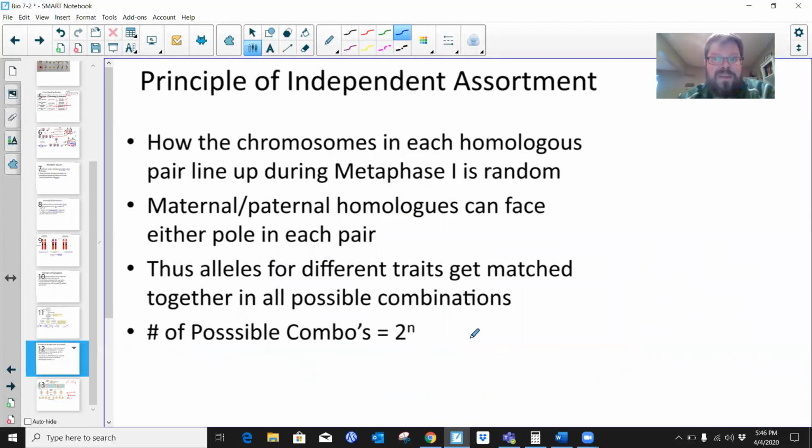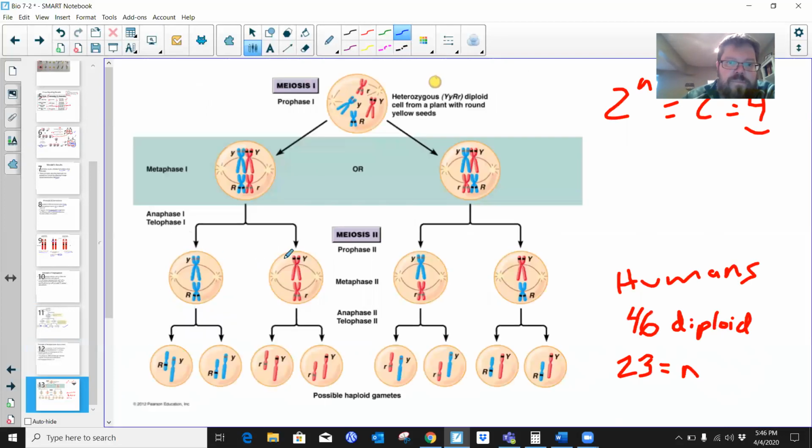The principle of independent assortment. Again, this one sometimes sounds a little wordy to me, but I'm going to try to simplify it as best I can. How the chromosomes in each homologous pair line up during metaphase 1 is random. So in metaphase 1, it's randomized, right?